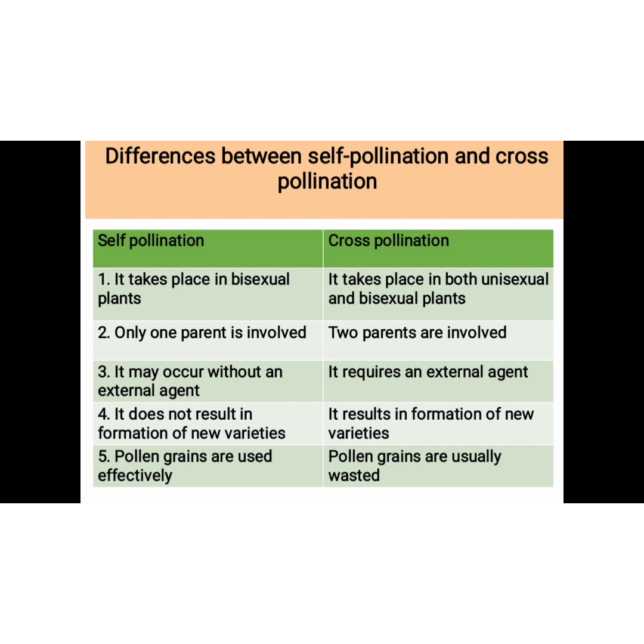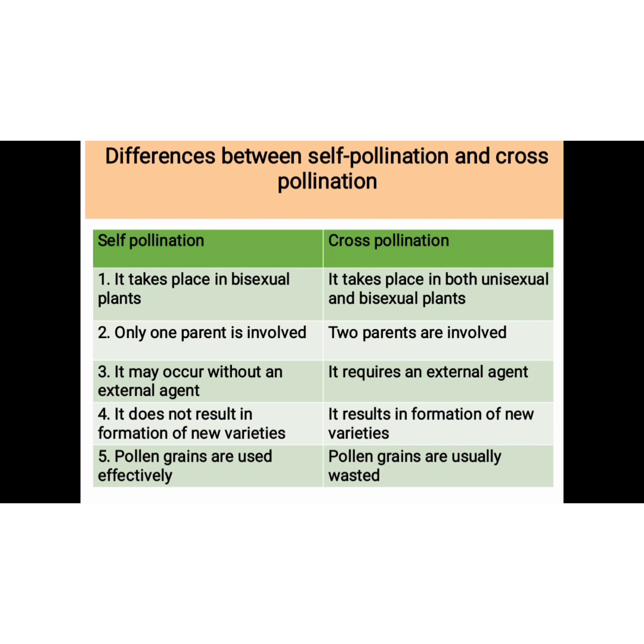Difference number 4. Self-pollination does not result in formation of new varieties, while cross-pollination usually results in the formation of new varieties of species. Number 5.